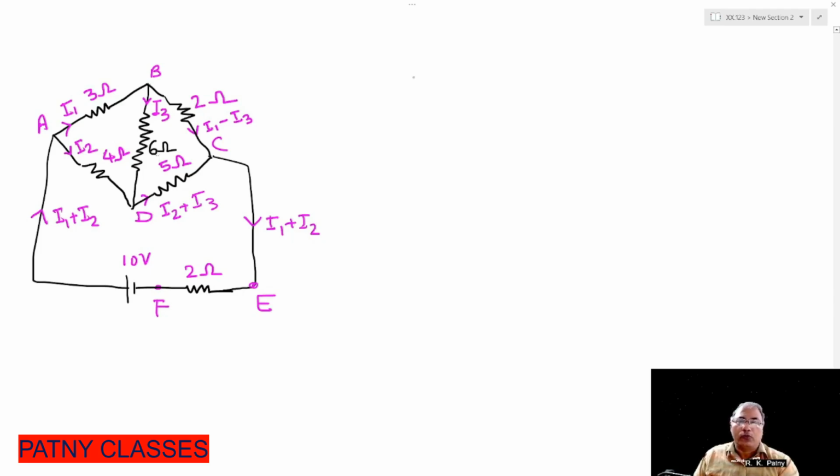Now for this closed circuit, how do we apply Kirchhoff's second law? Applying Kirchhoff's second law means developing algebraic equations in terms of potential differences and EMF of a given closed loop. The first closed loop we are selecting is A, B, D, A. Here are three unknown currents I1, I2, I3.